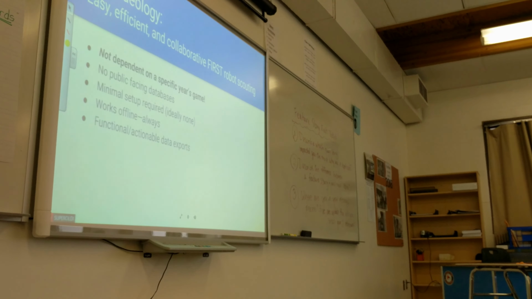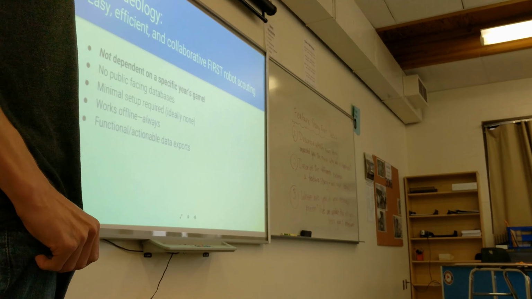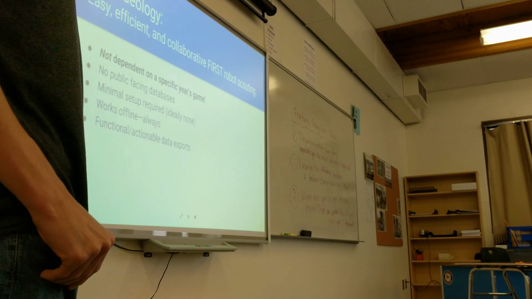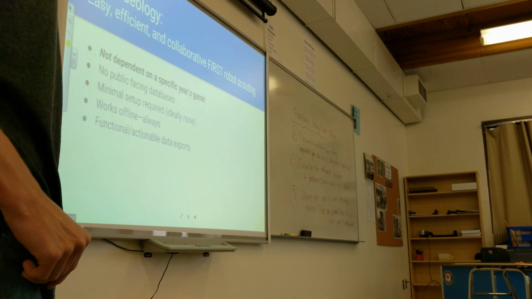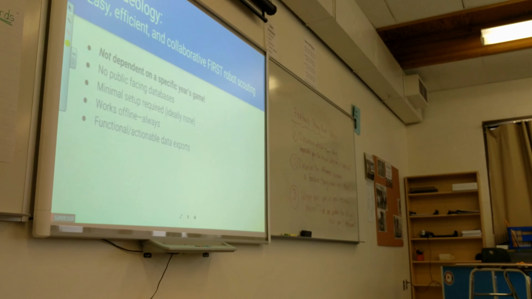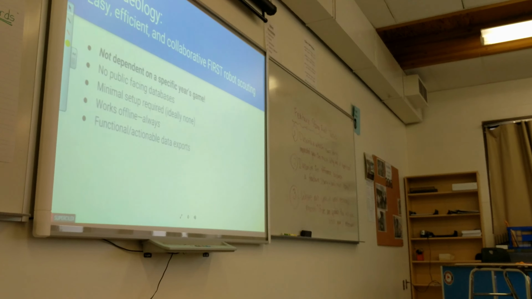Some of them you have to set up a database, and also the exporting. A lot of them seem to export in CSV format, and I feel like you can do it better with Excel, even though you can import CSV. So the basic idea was to build something with no public-facing databases, where you just get going, you're ready to roll. So yeah, the no setup part.